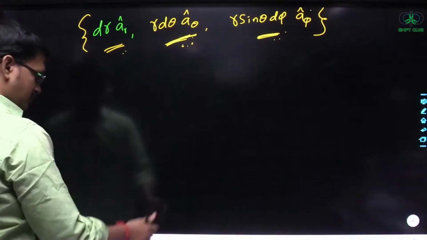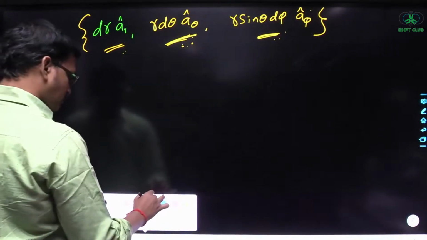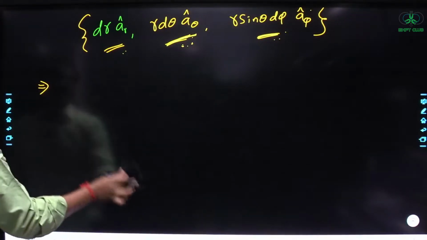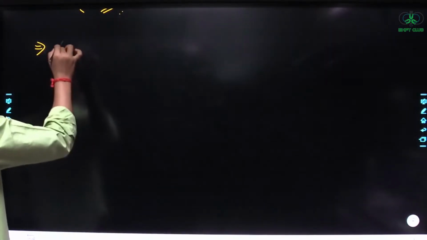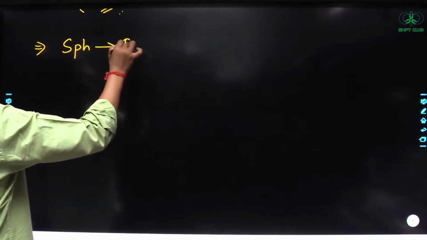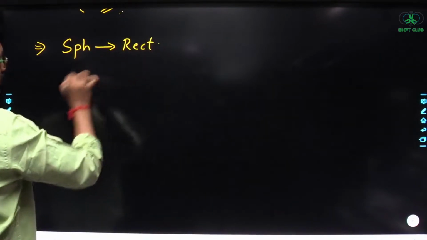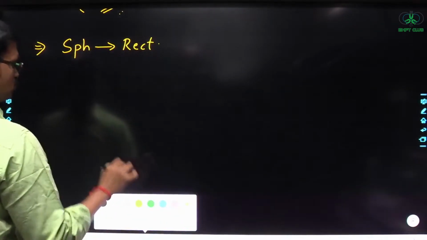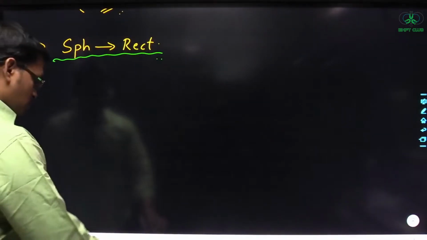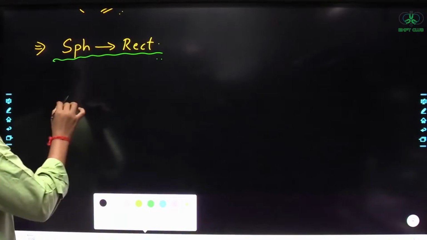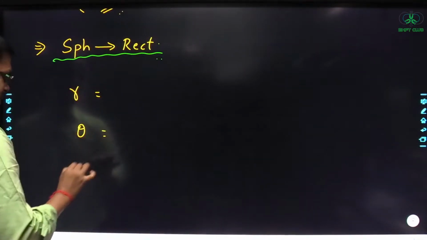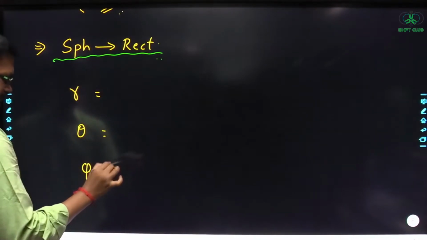Next we will see how to represent the spherical coordinates in terms of rectangular coordinates. So what are the spherical coordinates here? r, theta and phi, right?